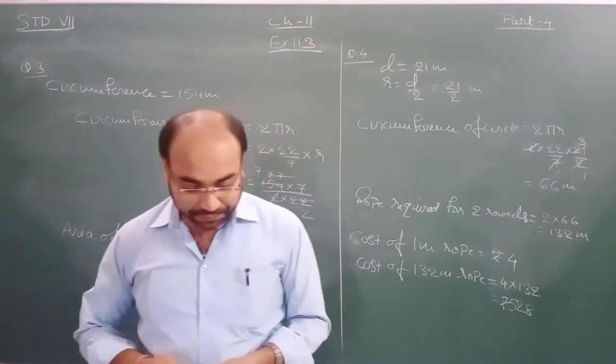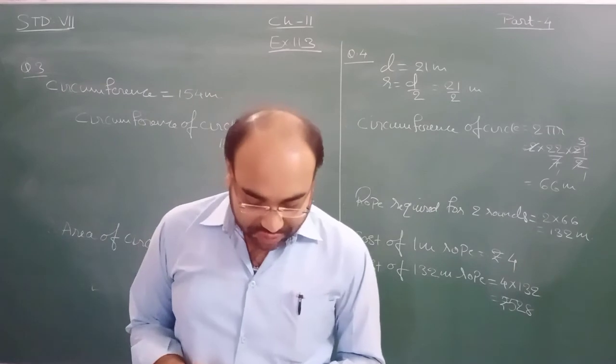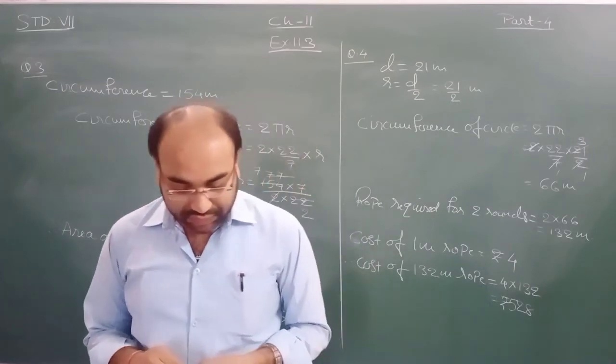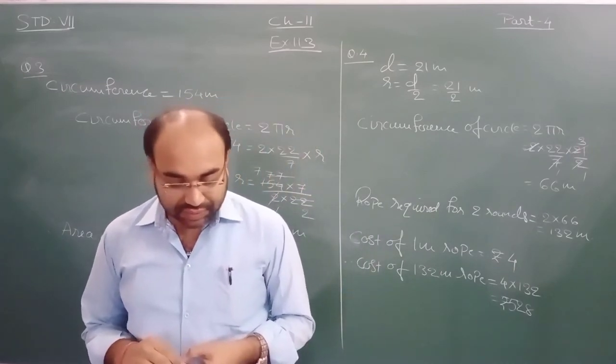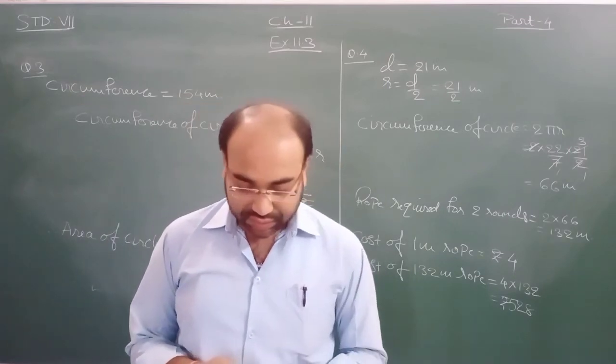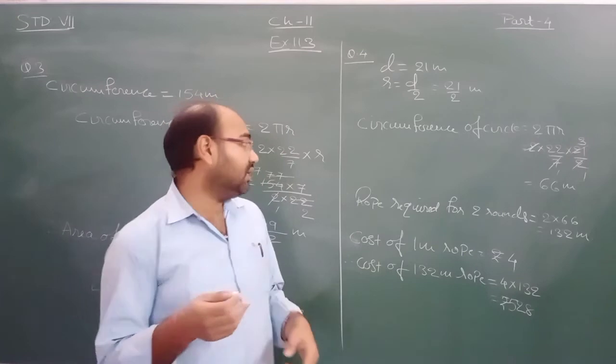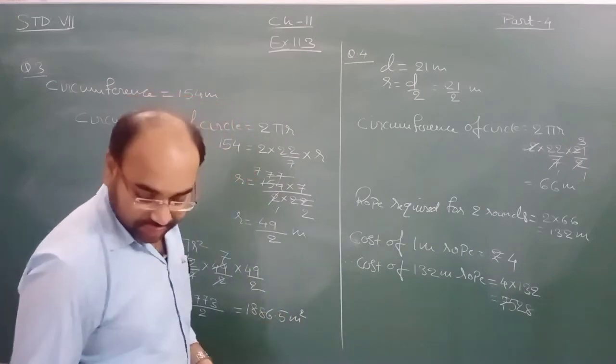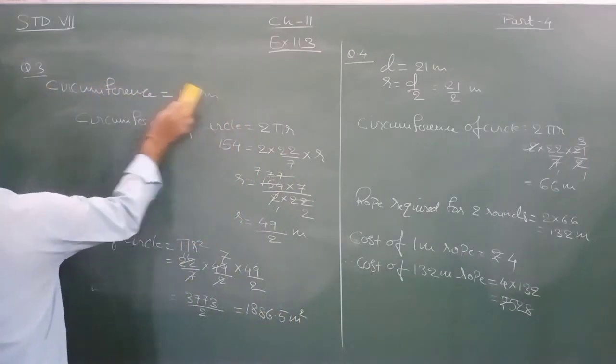Now question number 5. From a circular sheet of radius 4 centimeter, a circle of radius 3 centimeter is removed. Find the area of the remaining sheet. There is a circular sheet. Okay, let me make one figure.